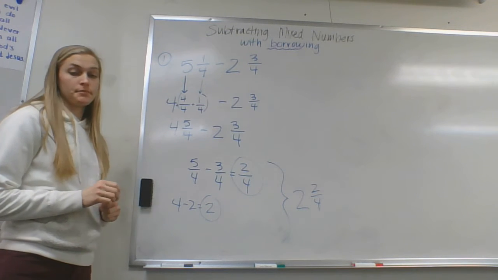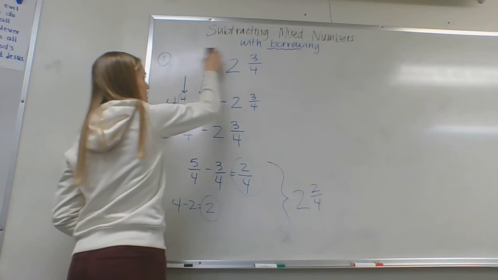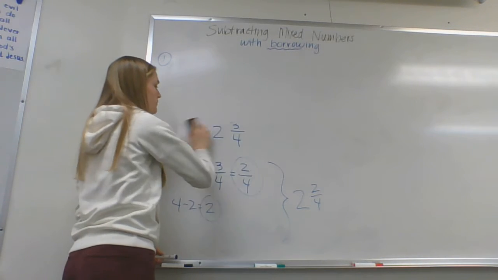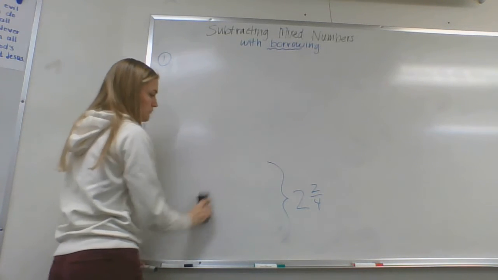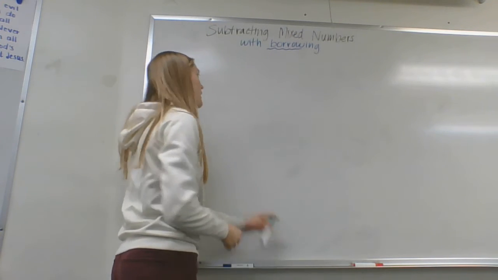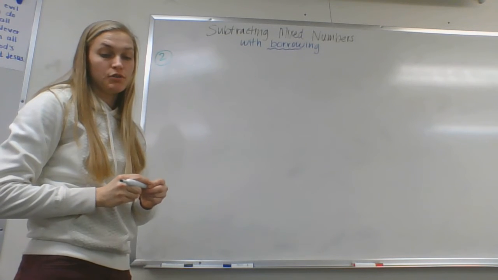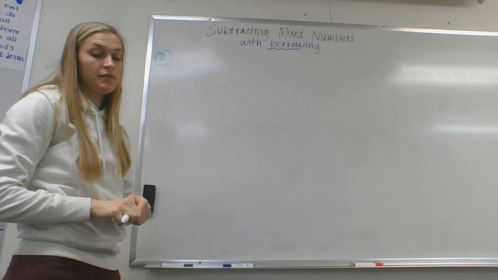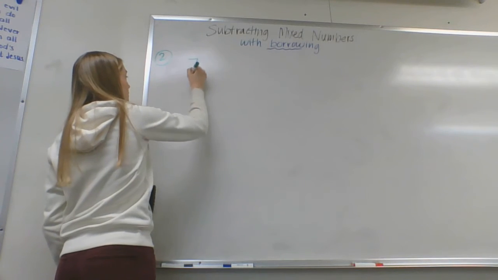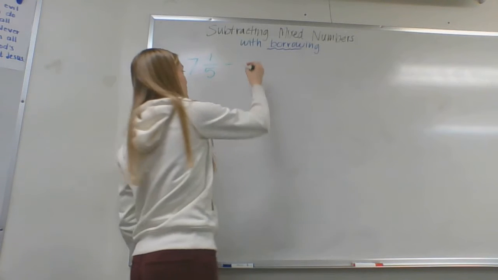Let's try another one. We'll do another one with common denominators so we can practice the borrowing. All right, example 2. We will do 7 1/5. We're going to take away 4 3/5.